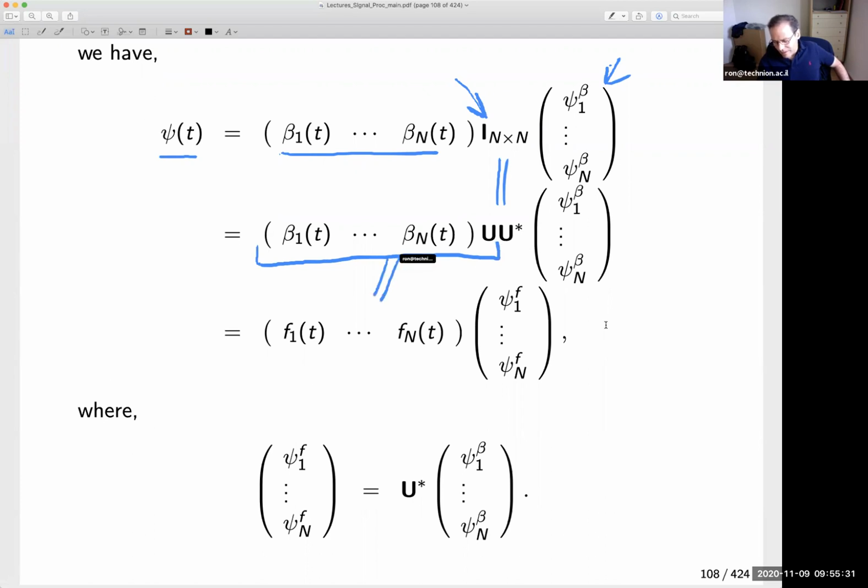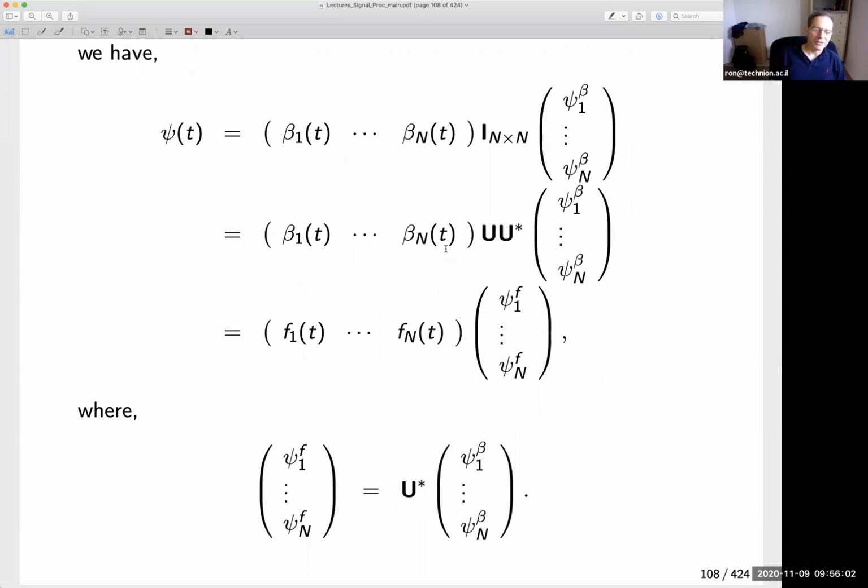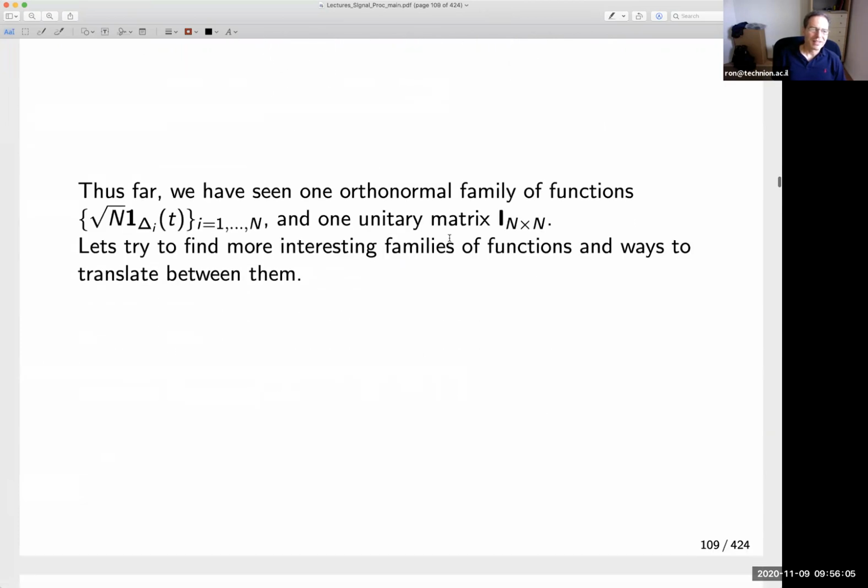So immediately I get that the new coefficients, the F coefficients, are equal to nothing but U conjugate times the previous coefficients. So it's not a big surprise that the new coefficients of the new set of functions, the F set of functions, are a linear transformation of the previous coefficients, of the previous scalars that I used. Okay, so these are all preliminaries. This is all the background for what we are about to see.